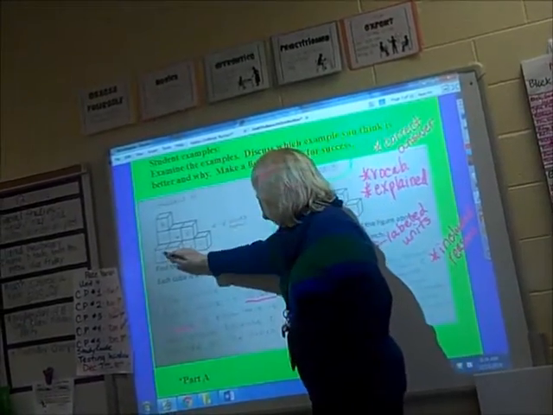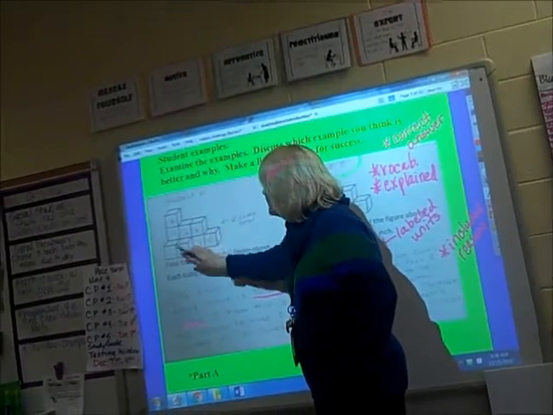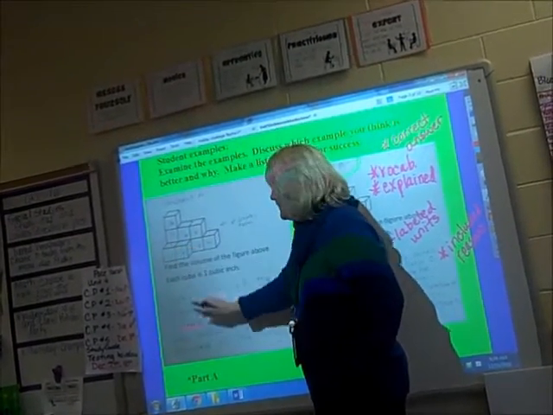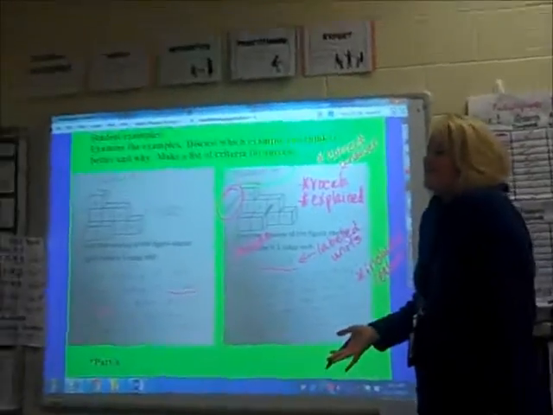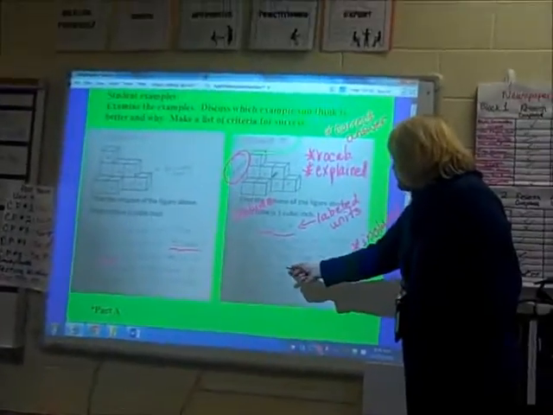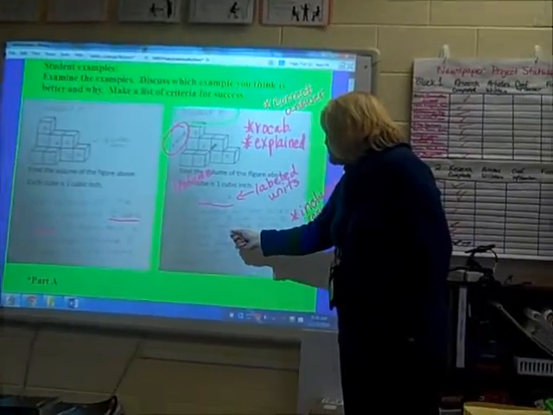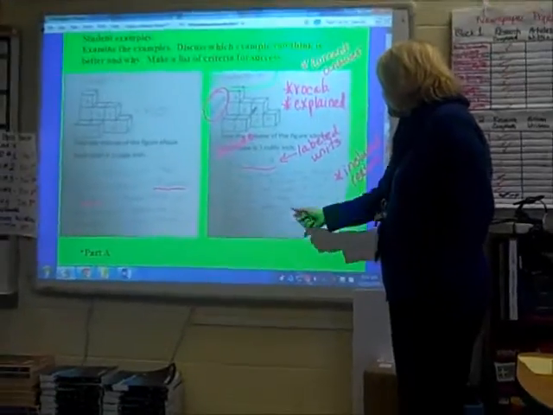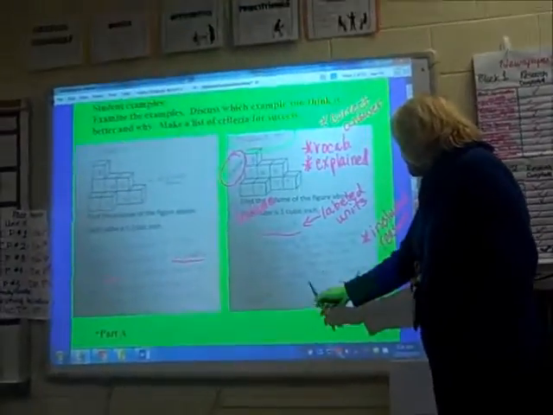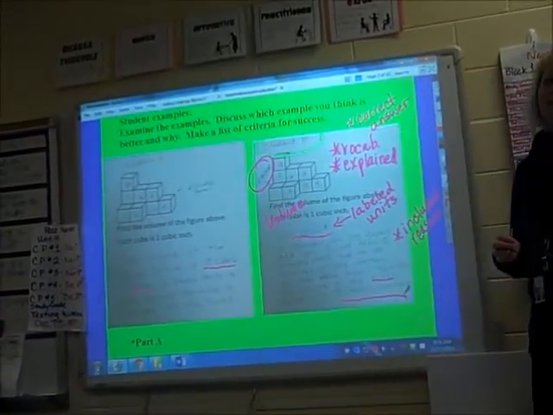And this one, they were just counting the 8 cubes. They didn't put it, but then they had it in their answer. So we don't know how they got that. But here they explained, but then I noticed there had to be 2 cubes on the bottom, the back layer. Therefore, the volume of the entire figure is 10 cubic inches.